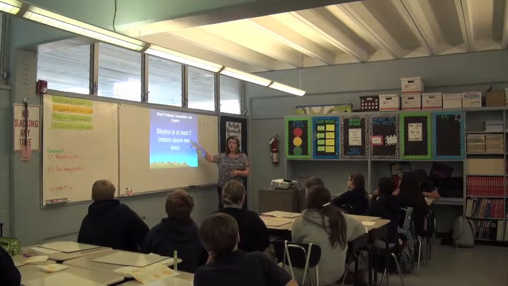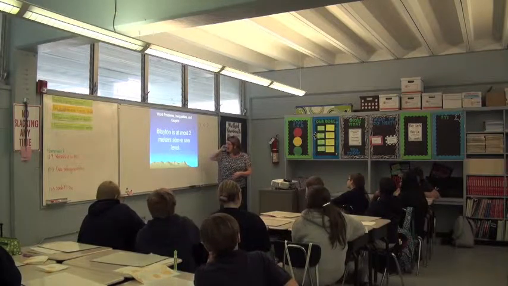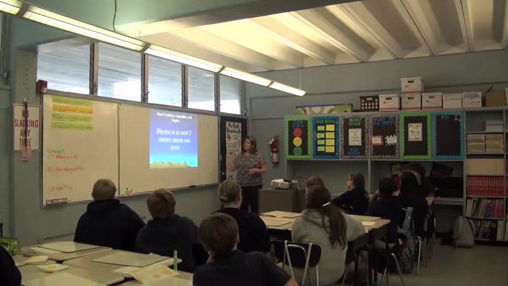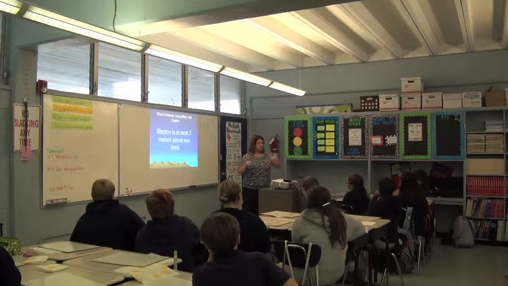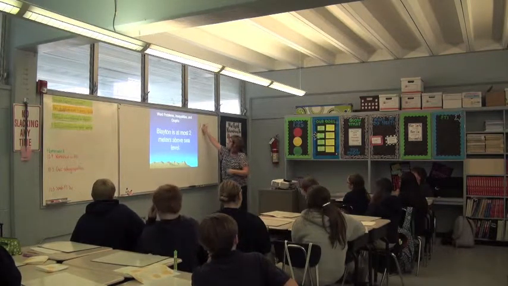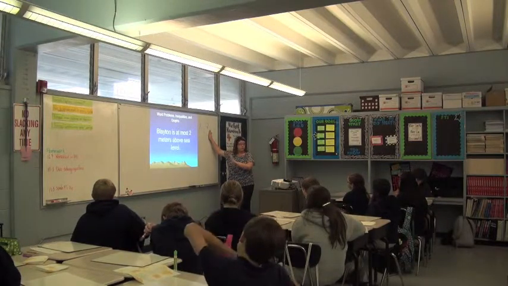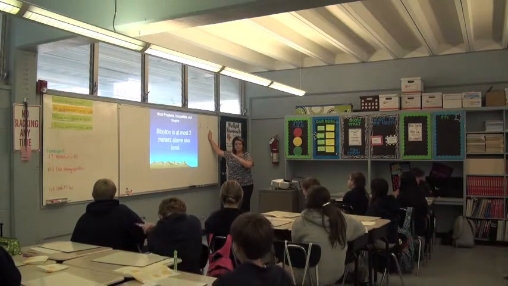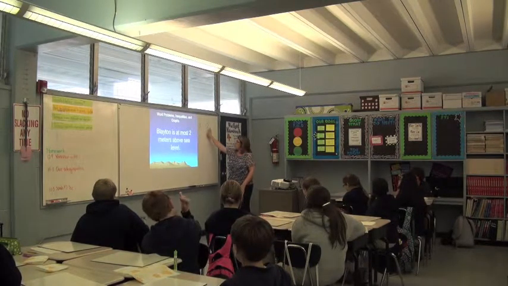Think of this problem as a small mini plot. When we're talking about word problems, think of it as a small mini plot and see what's happening in the storyline. So Bladen is at most 2 meters above sea level. We do not know Bladen's position, so we assign it a variable. We do know we are comparing it to 2. Now what we have to see is, is his position less than 2?